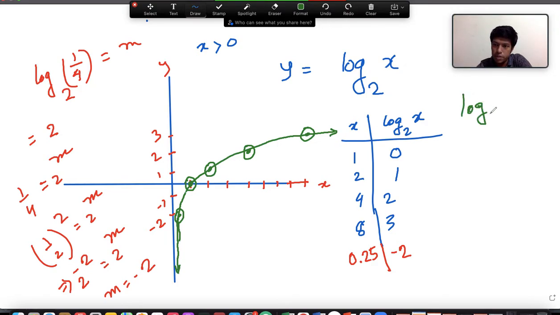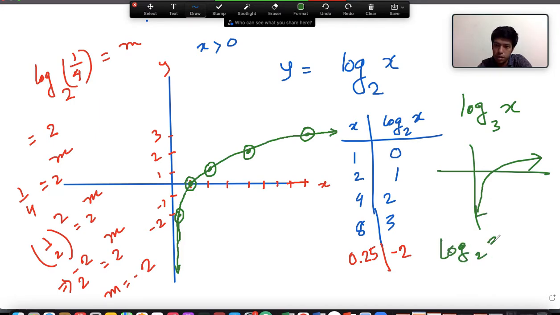Suppose if someone says, okay, draw log 3 base x graph, then the graph will be this same shape. If someone says draw the graph of log e base x, the shape will be same. Just the value, due to this 3, the value will be slightly different.